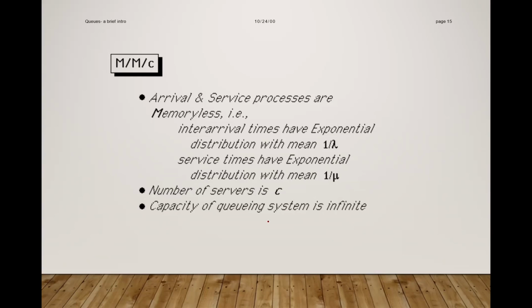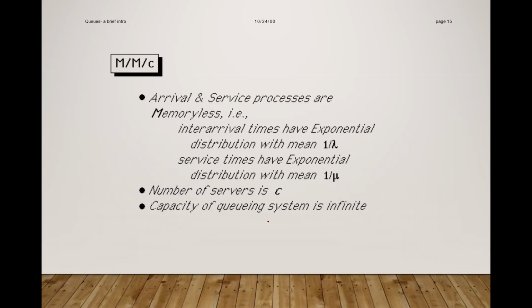Now, if we have a model that has C servers, it means that it can have 2 or more, right? And the inter-arrival and the service time are still memoryless or exponential.